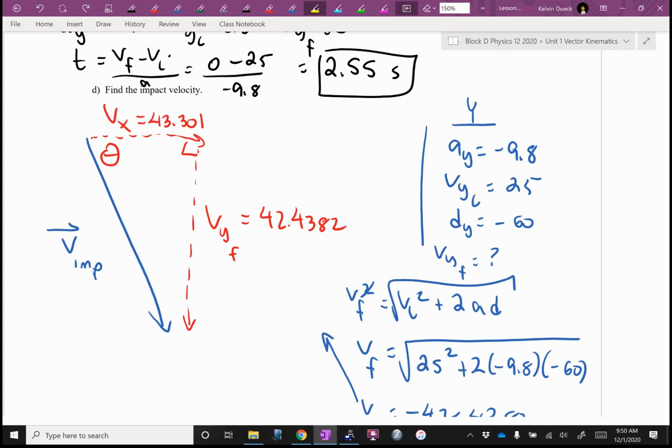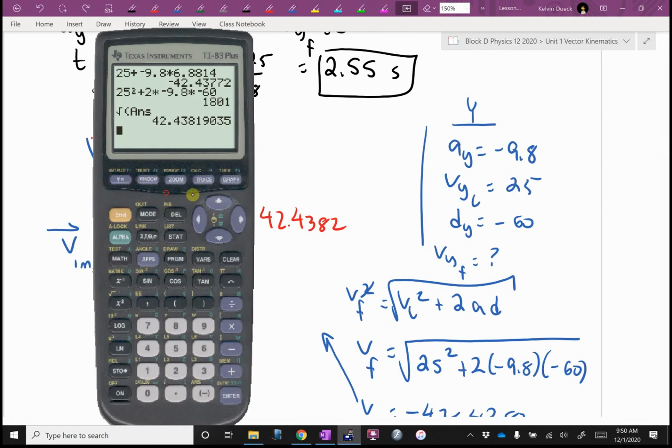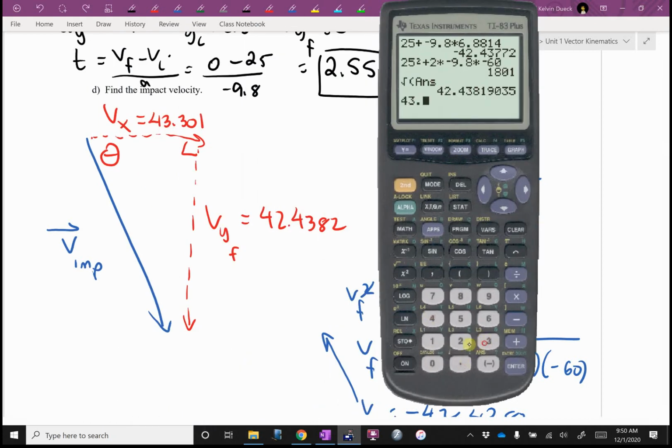Yes. Let's find the impact velocity magnitude. Now that's going to be Pythagoras. So that's going to be 43.301 squared plus, answer button squared, square root. 60.6. Am I right?